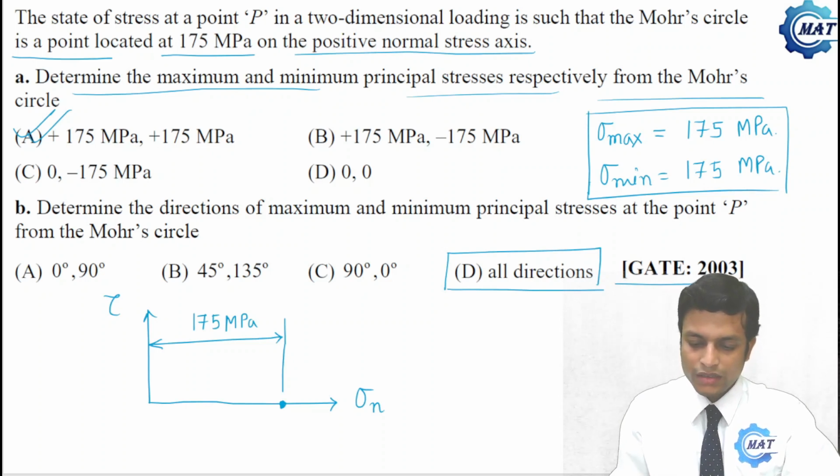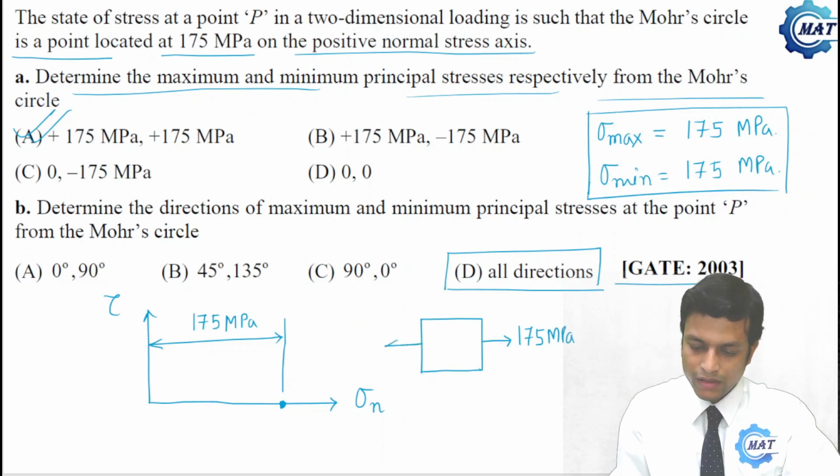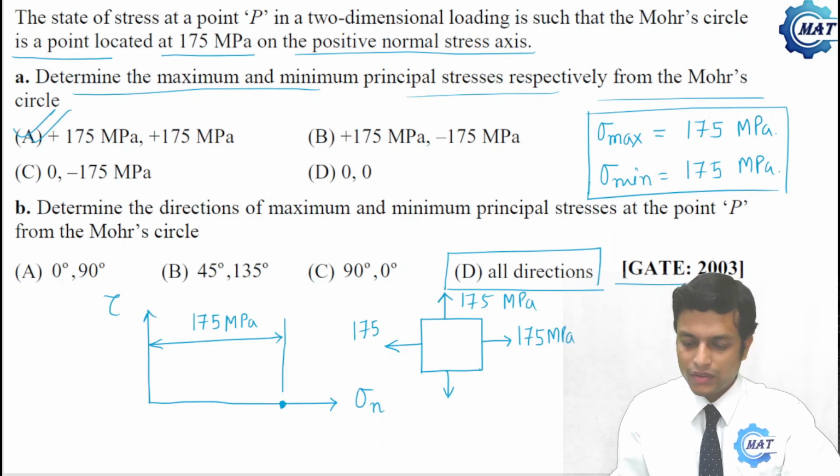What is the stress situation here? Along the x direction it is 175 MPa, and along y it is also 175 MPa, and the shear stress is 0.